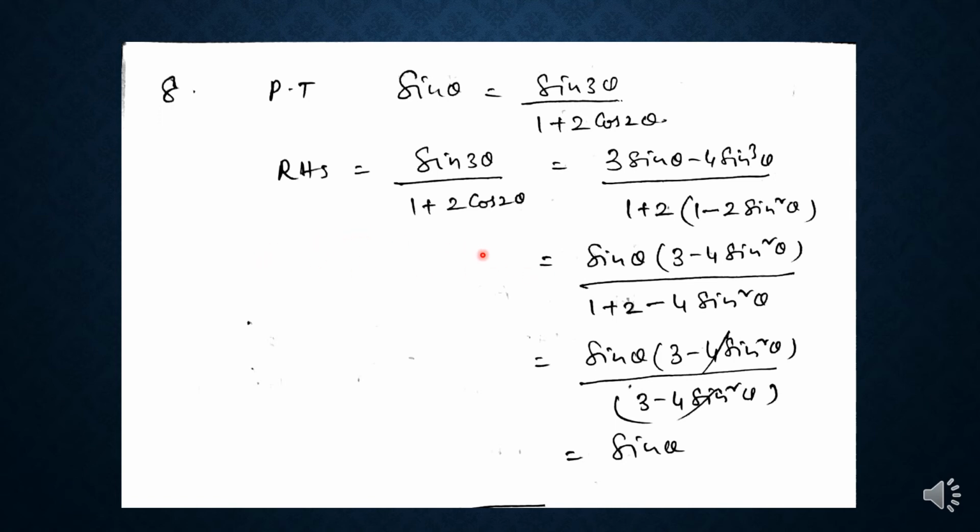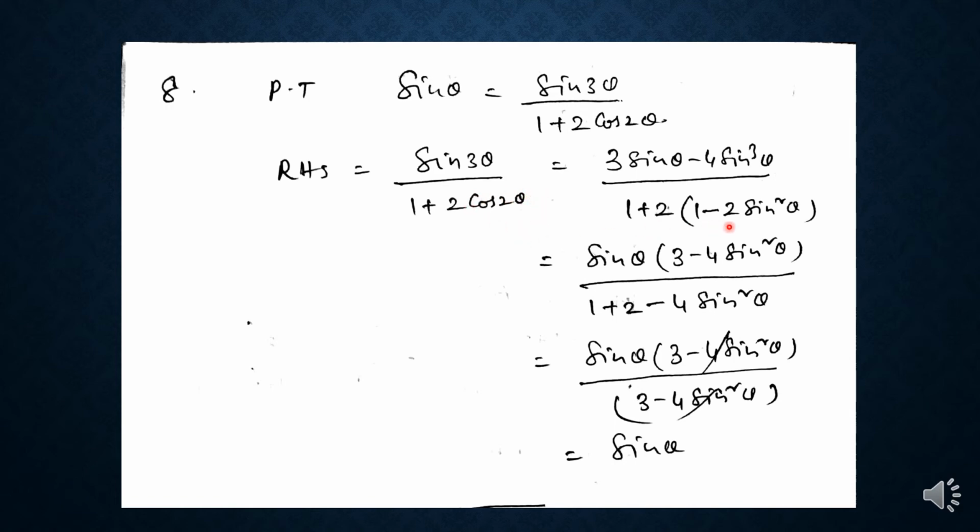So once again, let us check what formulas were applied here. What is sin 3 theta? Sin 3 theta is (3 sin theta minus 4 sin cube theta) divided by (1 plus 2 cos 2 theta). And what is cos 2 theta in terms of sin theta?